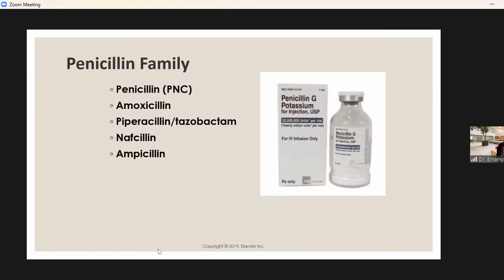Penicillins, all of them have the suffix -cillin, even piperacillin-tazobactam, amoxicillin-clavulanic acid, even if they have another adjuvant antibiotic with them, but still you consider them as the penicillin family. And very important to know about the allergic reaction.